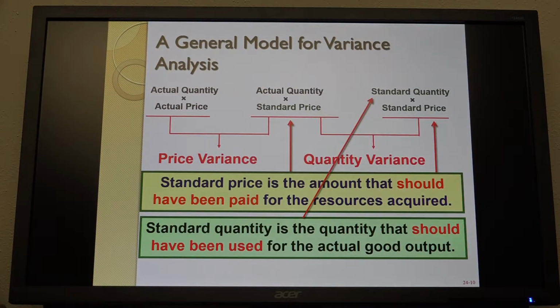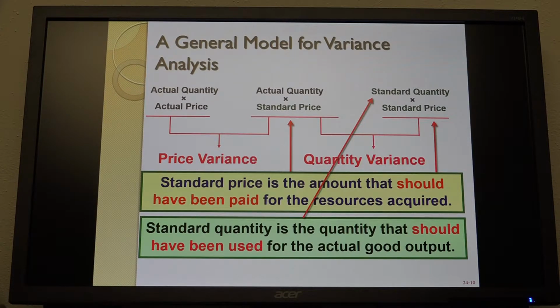And so here's a general model for variance analysis that you'll see a pattern. We'll take this general model and apply it to materials, labor, and overhead, but it's the same basic structure.